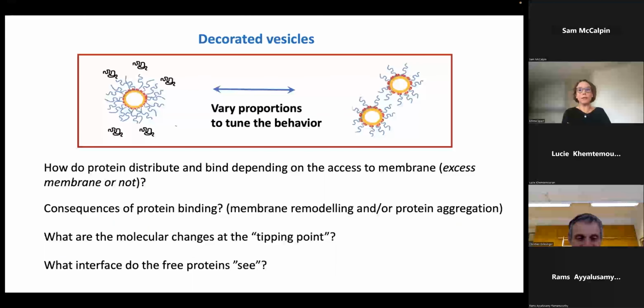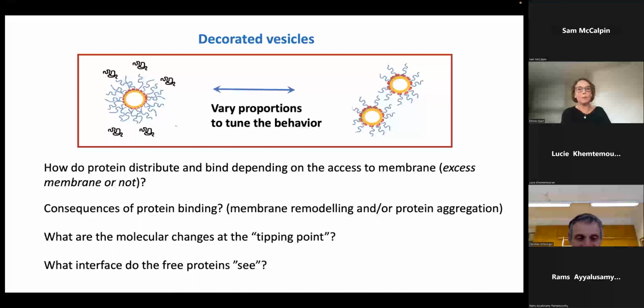So the questions that I now will discuss are: first, how will this protein distribute and bind when it has unlimited access to the membrane? Because that tells you something potentially about its preferred organization if there is an excess of membrane.